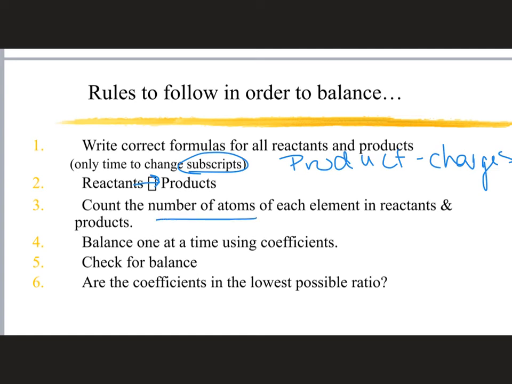Do not change the subscripts. The charges didn't change, right? So instead you're going to use coefficients. Always double check at the end. Is it actually balanced, and is it the lowest ratio? Sometimes we go past the lowest ratio, which is fine. It still solves the problem, but don't forget to reduce it at the end. For example, if you had a 2 to 2 to 4 ratio, you would reduce that down to 1 to 1 to 2.